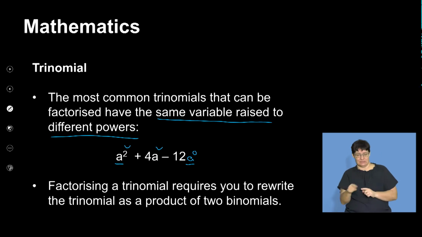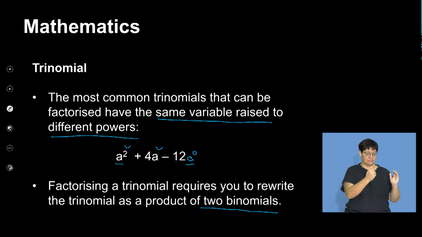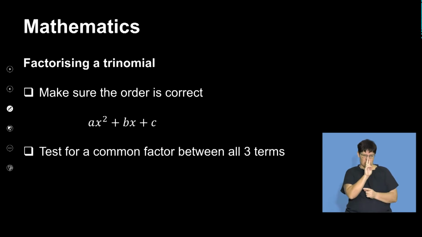Now, factorizing a trinomial requires you to write it as a product of two binomials, as we saw in the previous slide. Now, let's look at some rules to factorize a trinomial. Firstly, make sure that the order is correct. What am I talking about?